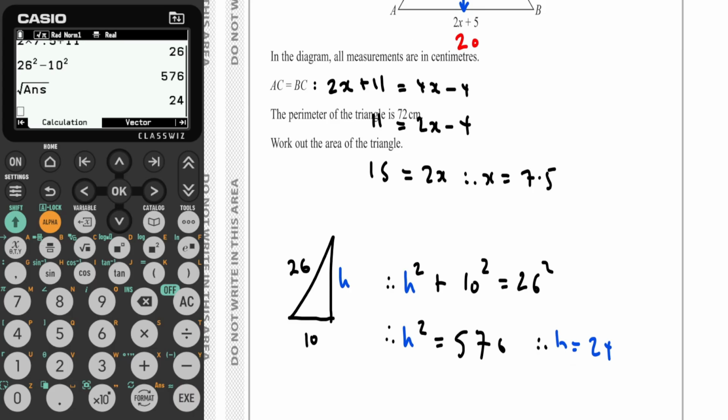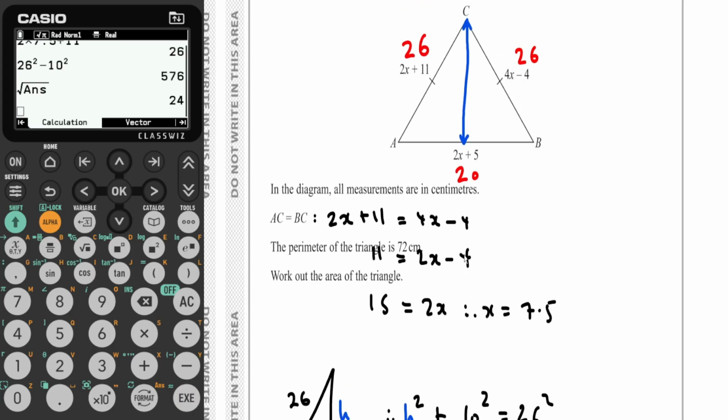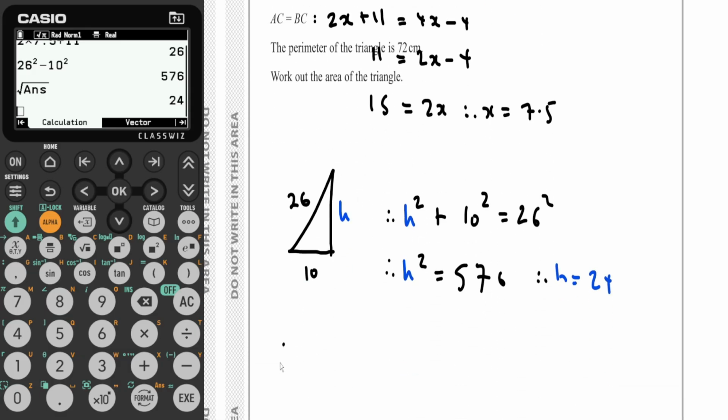So therefore, I've got a height of 24. So to work out the area equals 1/2 times by the base, which is 20, times by the height, which is 24. So here we get 240 centimeters squared.